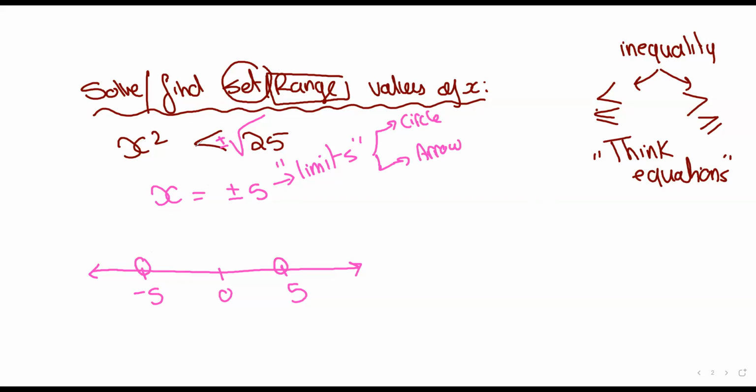The answer of a quadratic inequality is either the numbers in between my limits or the numbers outside my limits. What applies to positive applies to negative. So the answer will be either the set of numbers in between the limits or the numbers outside.